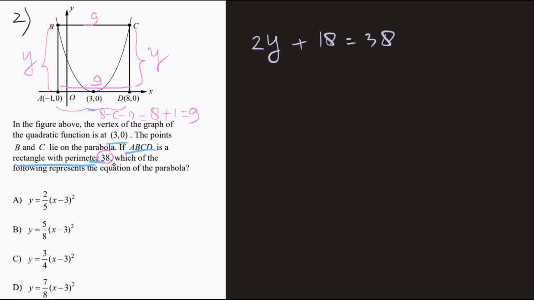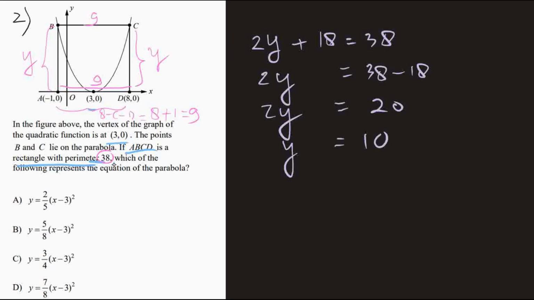So 2y equals 38 minus 18, 2y equals 20, y equals 10. Now it means we can determine the coordinates of C. C will be (8, 10), because this is 8, this will be 10.